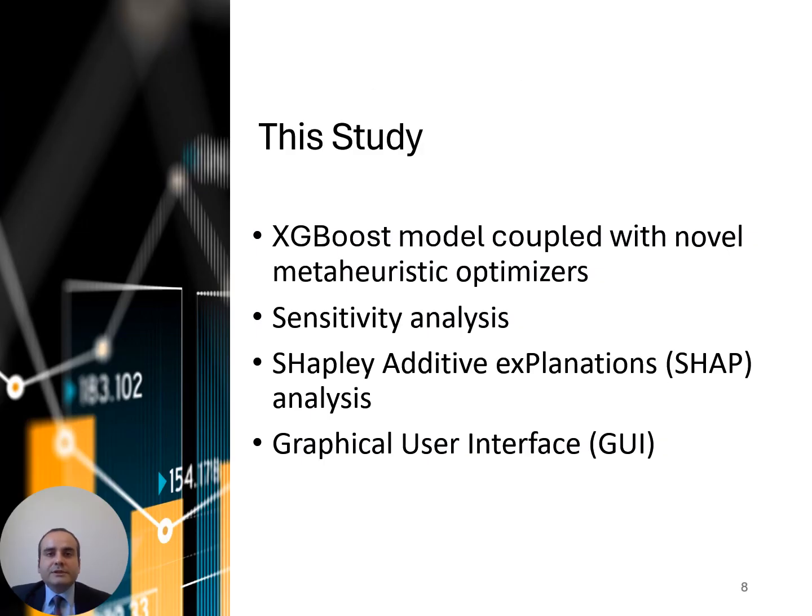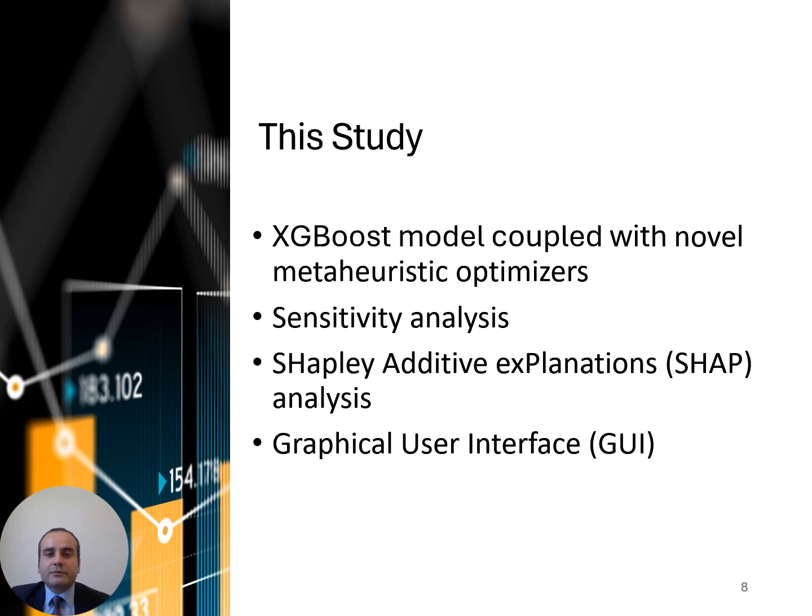The contributions of this study are manifold. We pioneered the application of XGBoost coupled with novel metaheuristic optimizers to model carbonation depths in recycled aggregate concrete. Through rigorous evaluation, including sensitivity analysis and complexity comparison, we demonstrate the superior accuracy and efficiency of the proposed models in predicting carbonation depths.